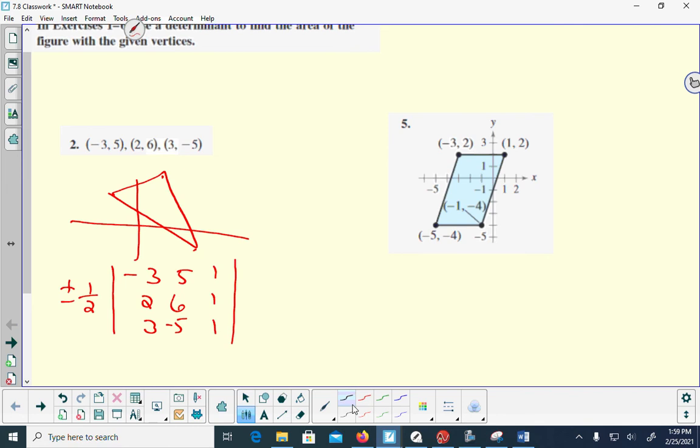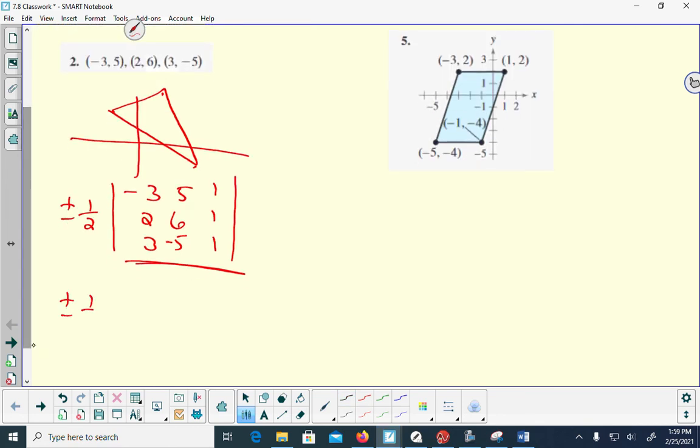So this part here is a -56. So I'm going to have the plus or minus 1/2 times a -56. I want my answer to be positive, so I'm just going to take half of 56 and get 28. In this case, I had to multiply by -1/2. I do whatever I have to do to make this positive. So the area is going to be 28.